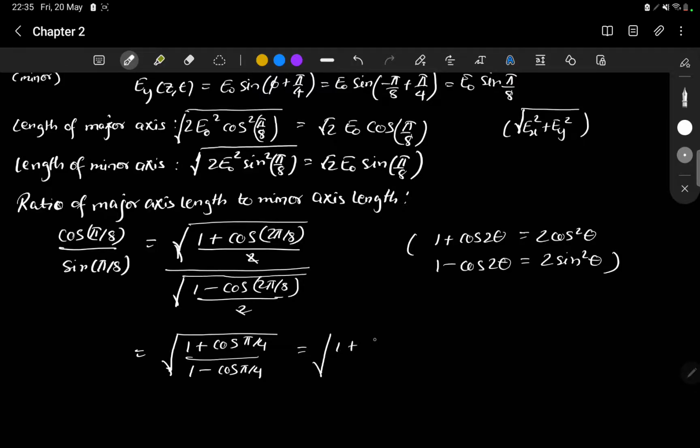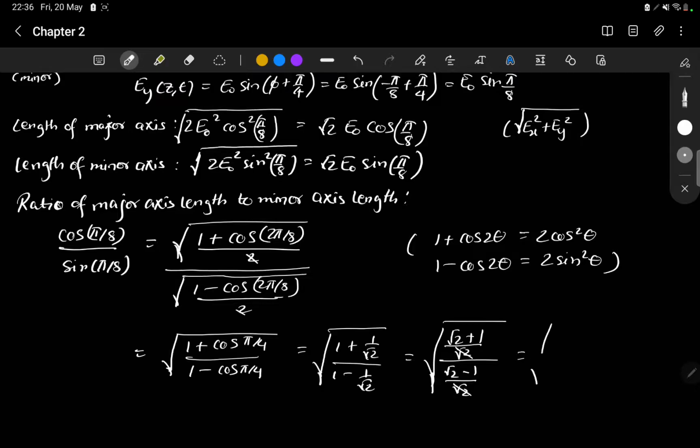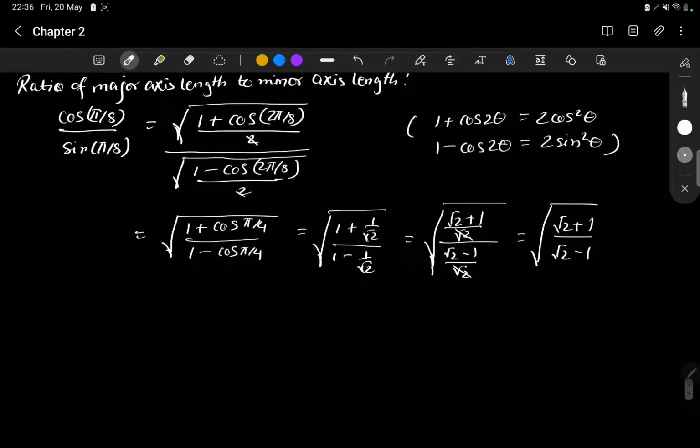This is 1 plus 1 over root 2 over 1 minus 1 over root 2, because cos pi by 4 is 1 over root 2. So we need to rationalize this.